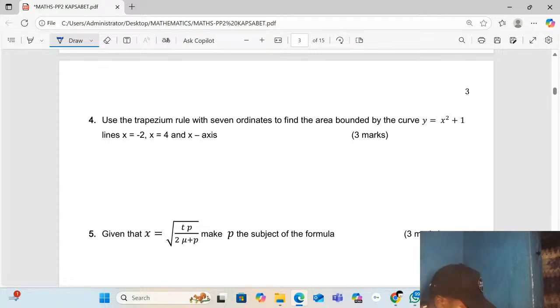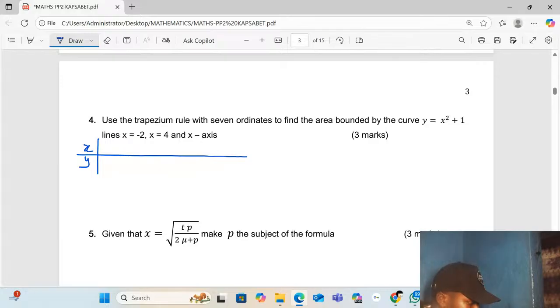So it's running from -2 to 4. So you can draw the values of x and y.